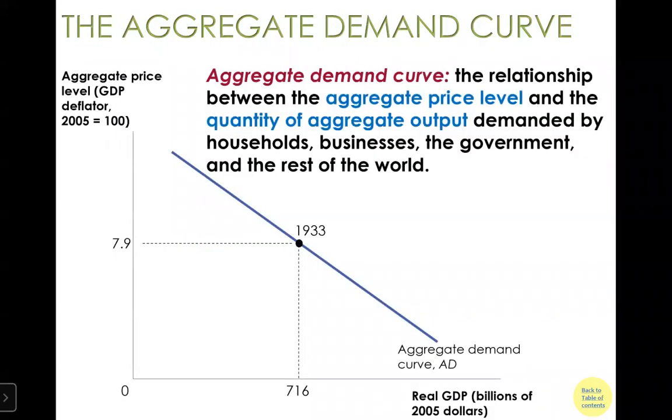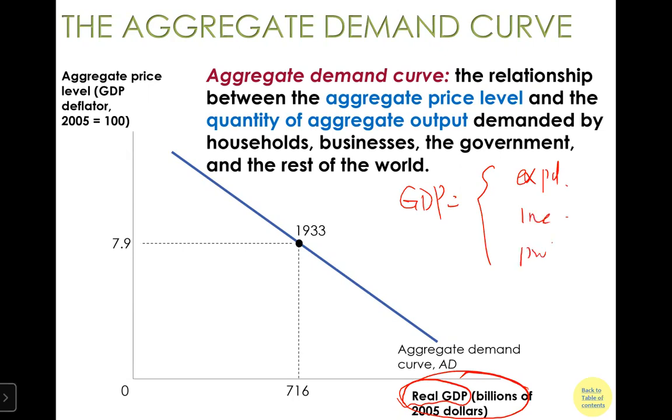Okay, let's start with aggregate demand. The aggregate demand curve is going to show the relationship between aggregate demand and the price level. Here we represent real GDP again. So GDP equals expenditure, income, product.